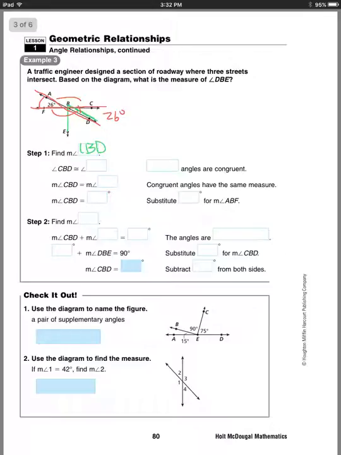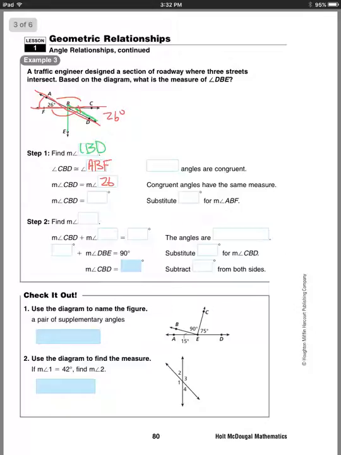So we know that CBD is congruent to angle ABF because of the vertical angles. So if the angle of ABF is 26, the measure of CBD has to be 26 degrees.